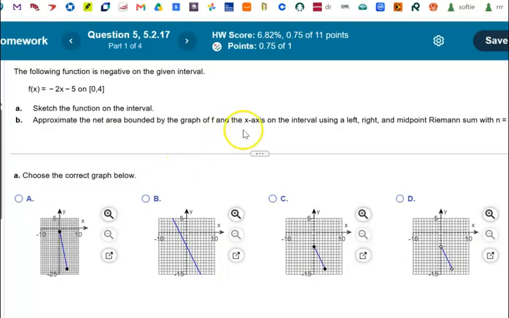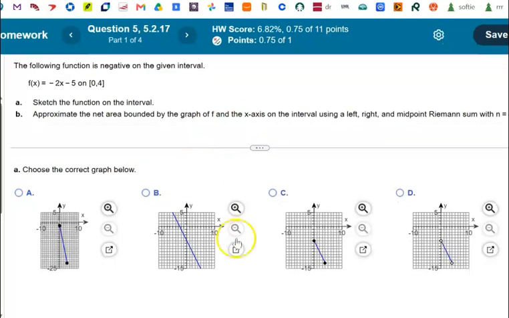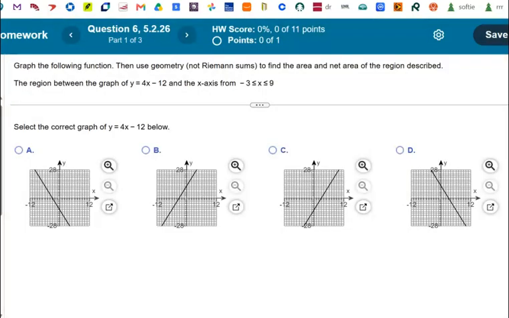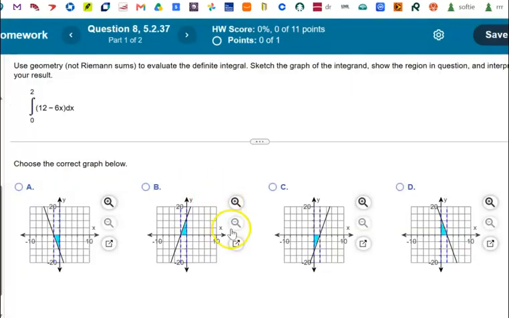This one, sorry, this will be a longer one. I'll make you do the sum of all the rectangles. So that's more practice with the approximation. Should be negative. Same idea with that one. And then here, you're just using the geometry to estimate.